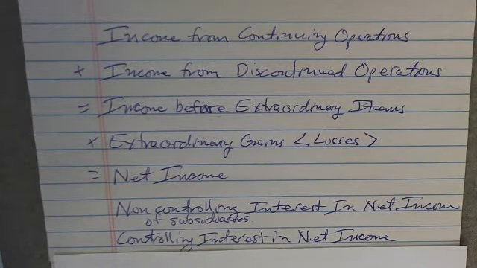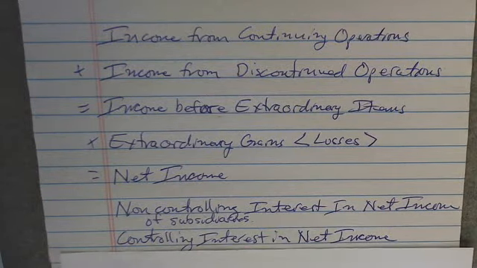So we report net income for the whole consolidated group, for all those companies together. And then we subtract out the portion of that net income that pertains to the minority shareholders in any subsidiaries this company might control.